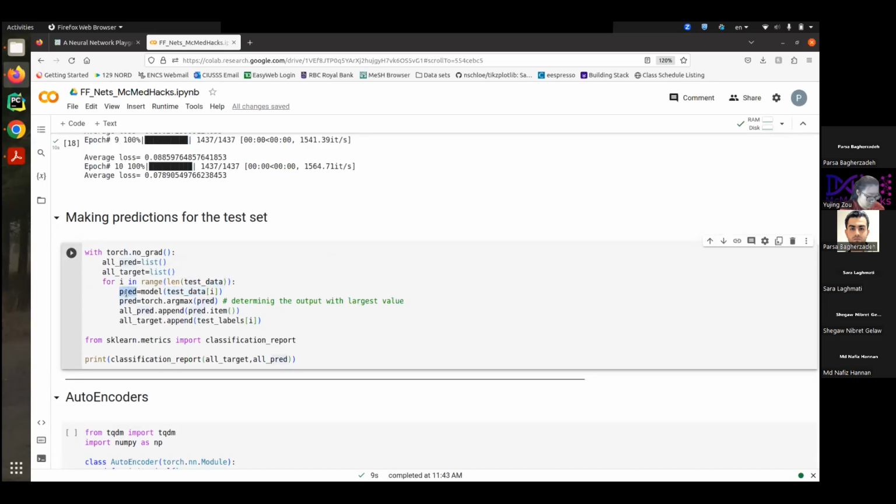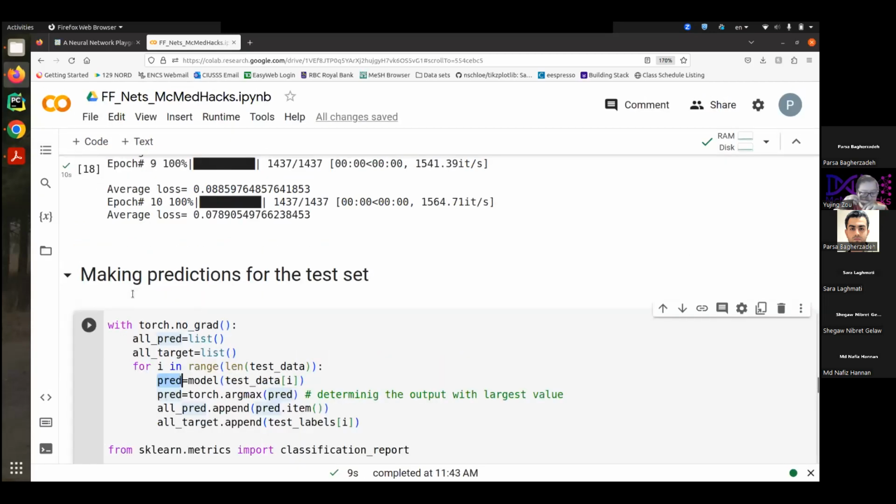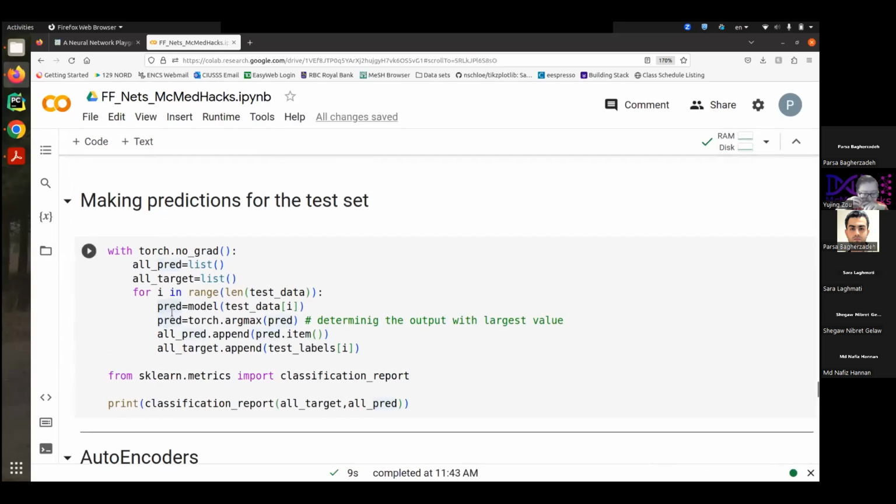I'm getting the prediction. If you remember, I said to look at the output that has the largest value. Which neuron has the largest value? I'm getting an argmax of my prediction. This prediction is a 10-dimensional vector.